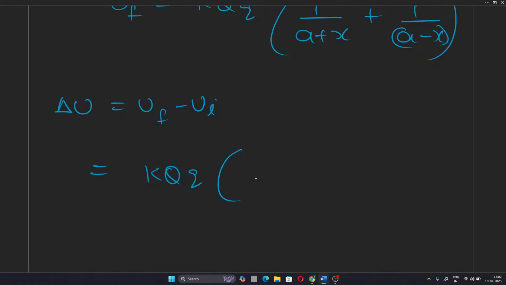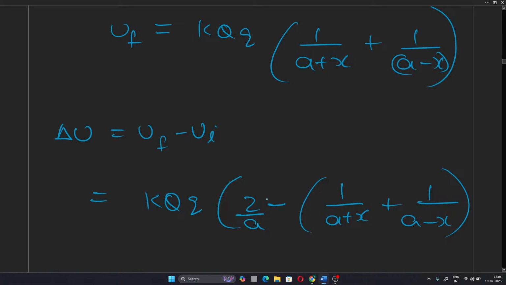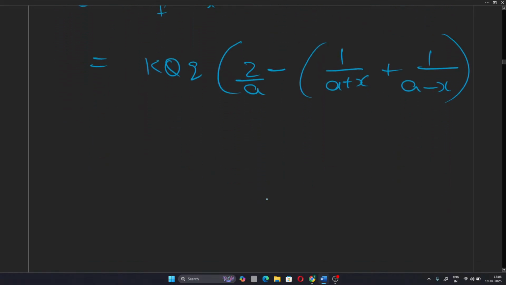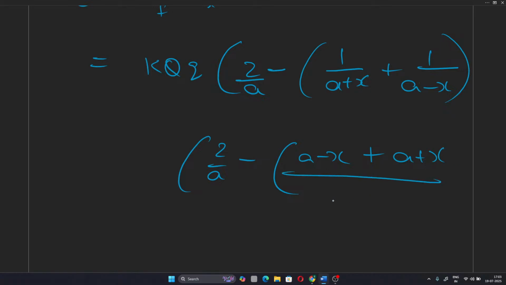It is 2 minus 1 by A plus X plus 1 by A minus X, 2 by A actually, and let's take LCM here. 2 by A minus X plus A plus X by A square minus X square.